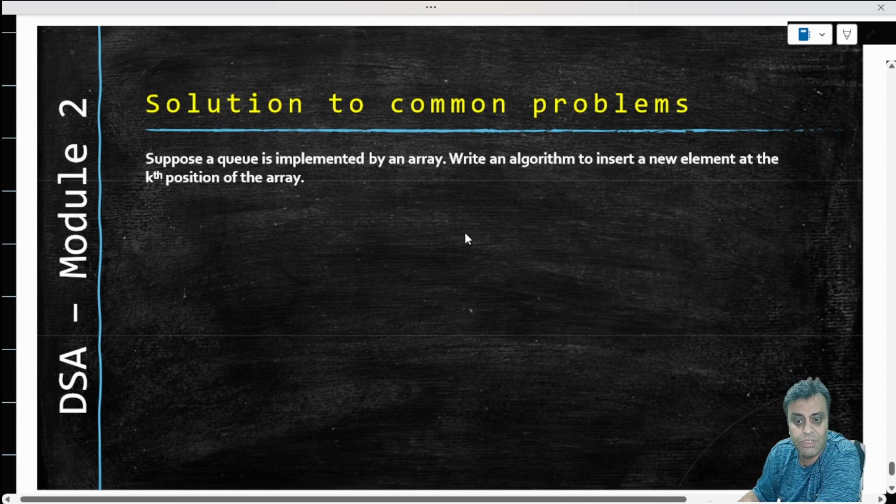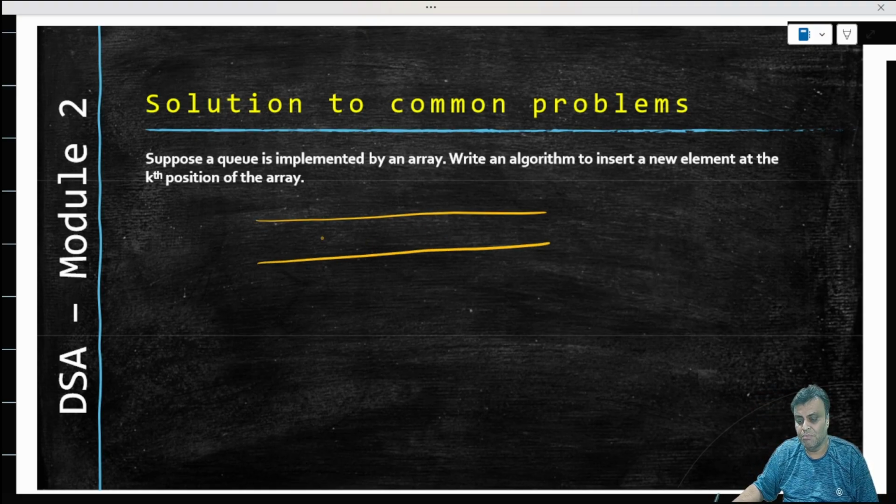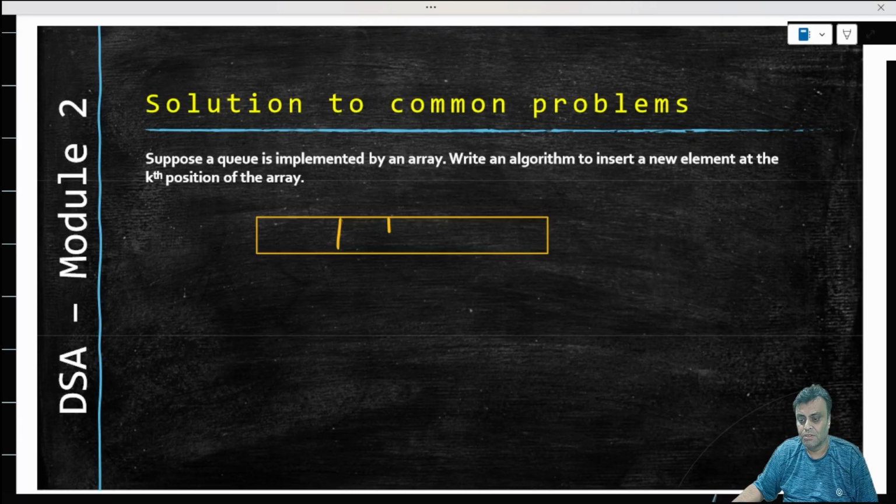I think this is the last question that we have to cover. Suppose a queue is implemented by an array. Write an algorithm to insert a new element on the kth position of an array. So let's say a queue is implemented through an array. Let's say this is that array: 79, 69, 5, 4, 29, 7.